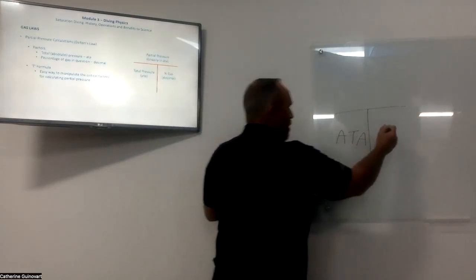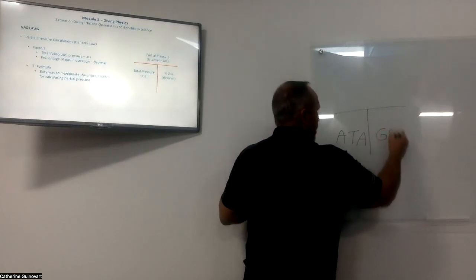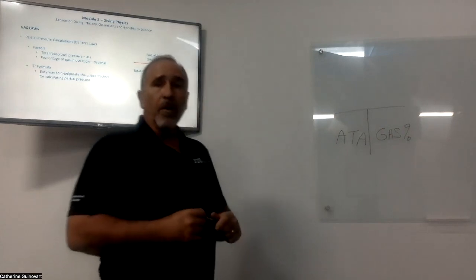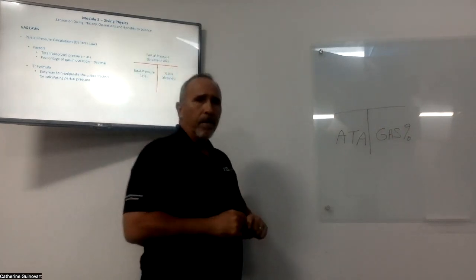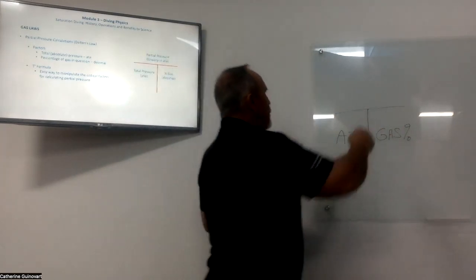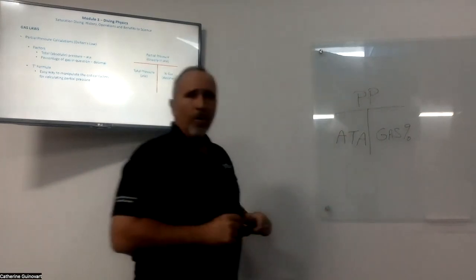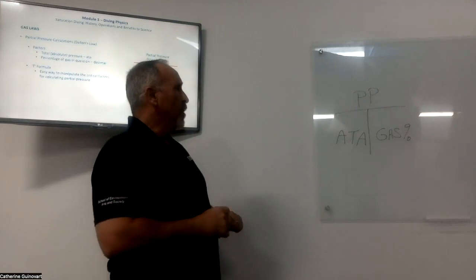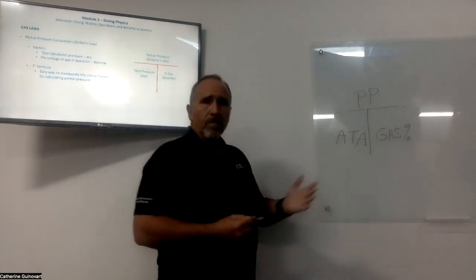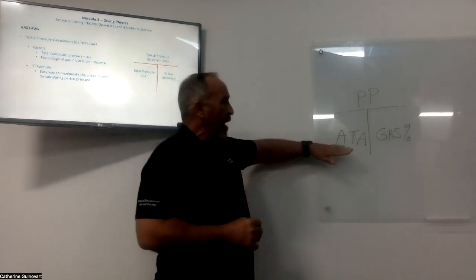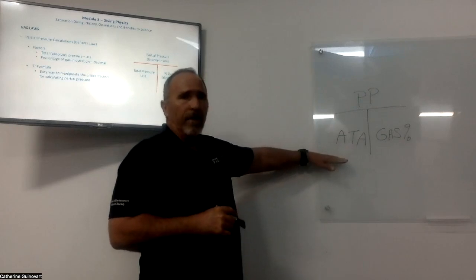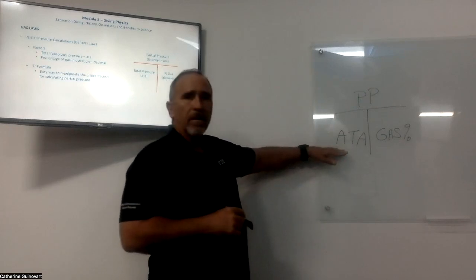Over on this side, it's going to be gas percentage, but expressed in a decimal. And then up top is partial pressure. As an example, if you have your ATA already figured out, you're going to plug it in here.